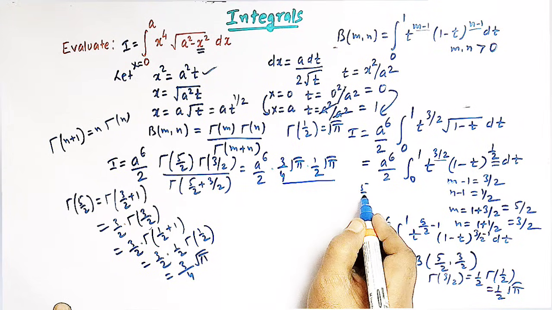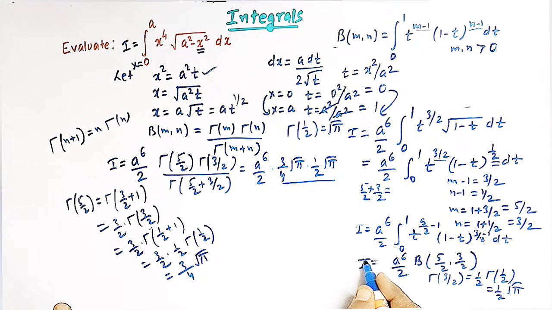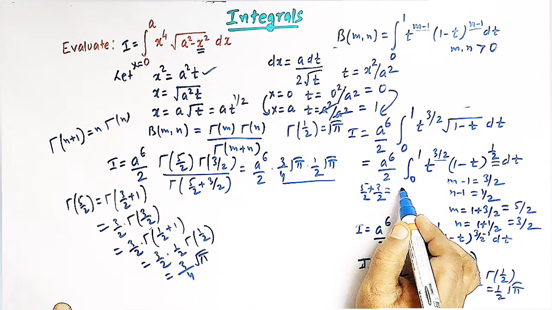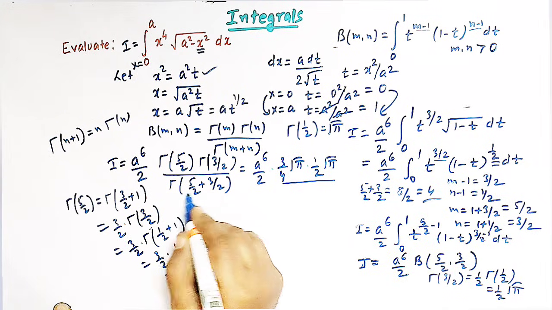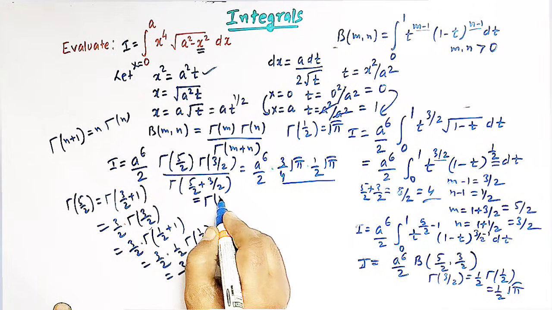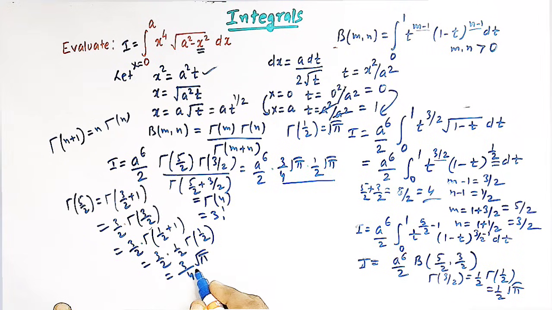So 5 by 2 plus 3 by 2 is 8 over 2, and 8 over 2 is 4, right? So here we have gamma of 4, and gamma 4 is equal to 3 factorial, because we know that gamma n plus 1 is equal to n factorial for any positive integer, right?